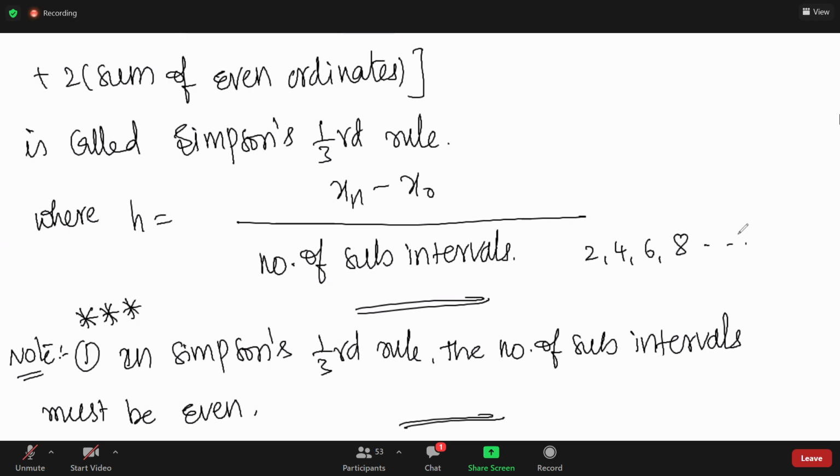That means the given interval is divided into either 2 subintervals or 4 subintervals or 6 subintervals, like that. This rule is applicable for even number of subintervals.